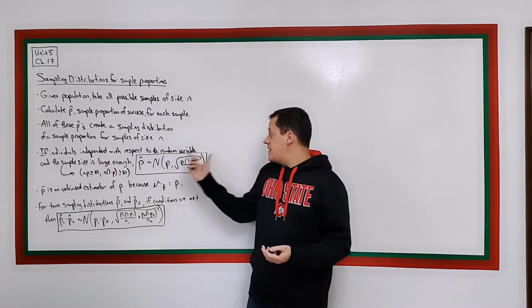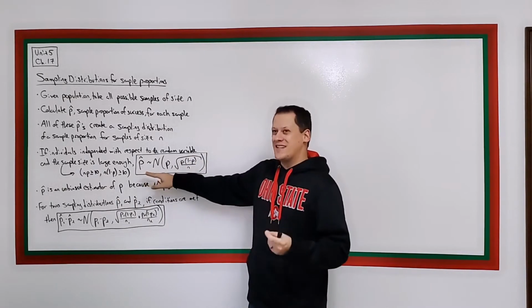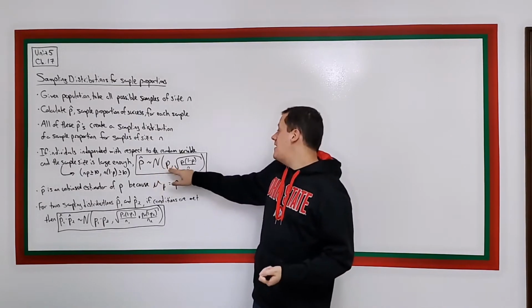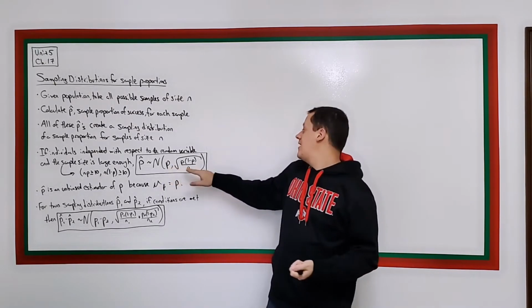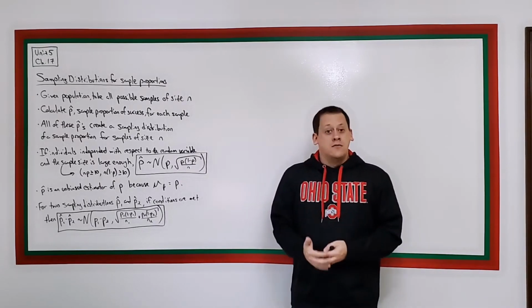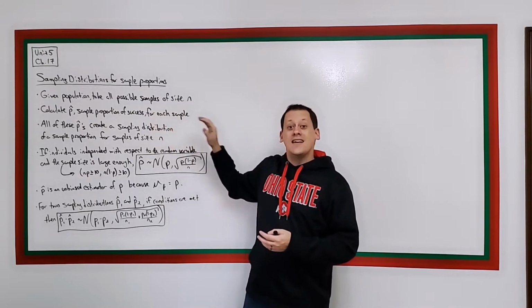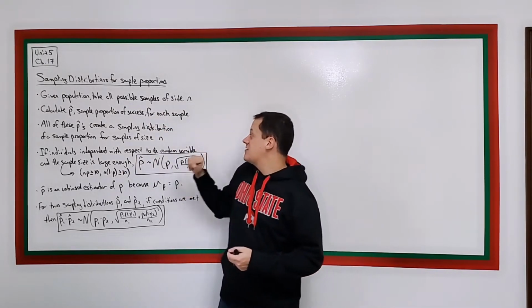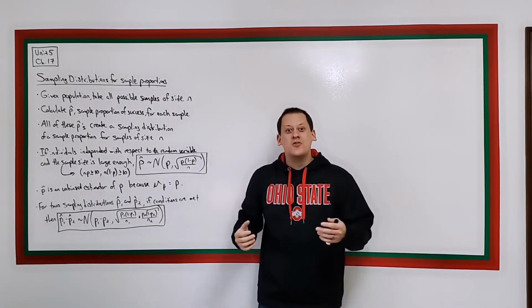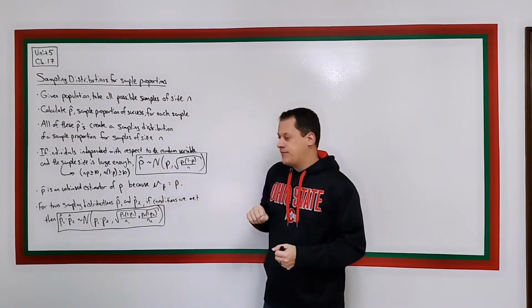If those conditions are met, then the sampling distribution of that sample proportion can be approximated with a normal model, with a mean of p, the population proportion, and a standard deviation of square root of p times 1 minus p over n. So we're saying no matter what the population is, no matter what the random variable, as long as the individuals are independent, and as long as your sample size is big enough, the sampling distribution of those p hats is going to be approximately normal in shape with these parameters.